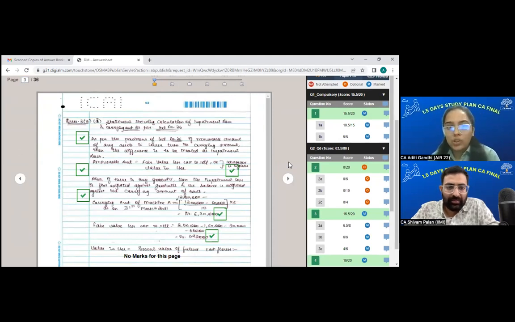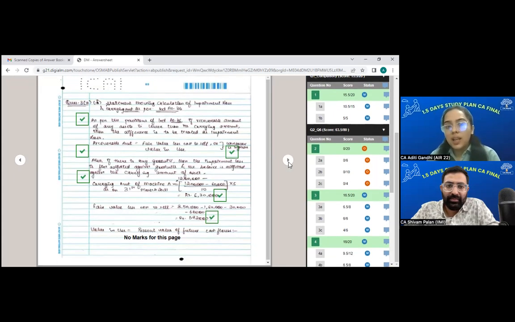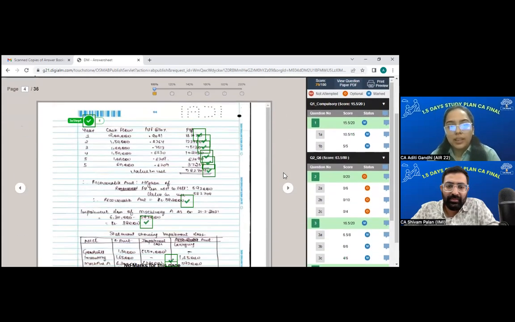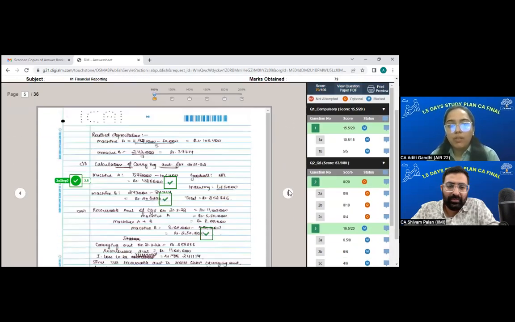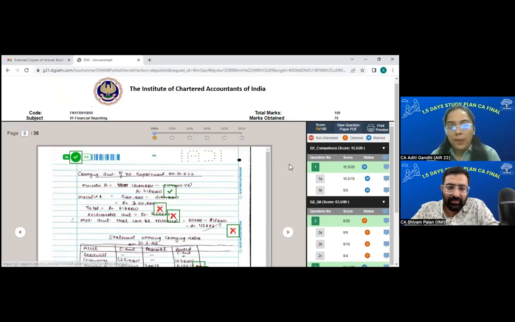I read the question and know it is from impairment loss. Start your answer with: as per the provisions of Ind AS 36 impairment loss, and explain the provision in brief, not in very much detail. Like I have explained in 2 lines and then written the formula. It will give a good impression to the examiner that you know the provision. After that, start the calculation like I have done. Make proper tables and write formulas and everything. It will give a very good impression.